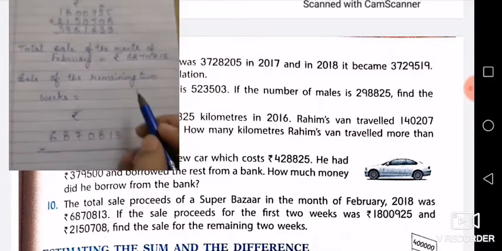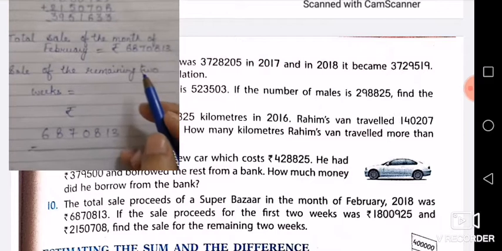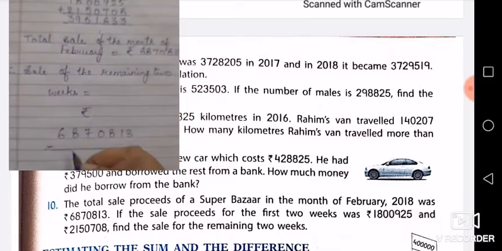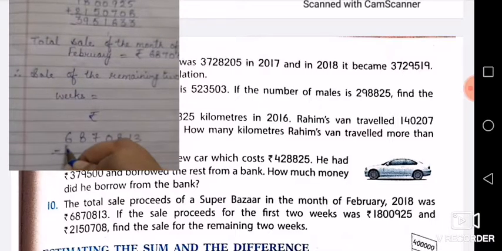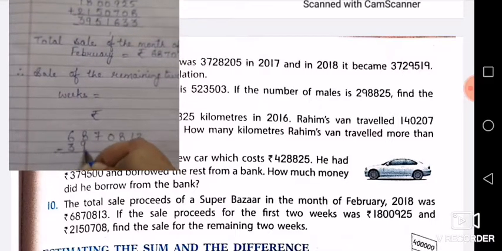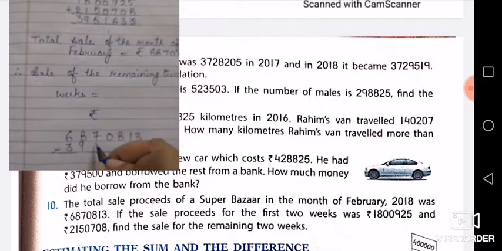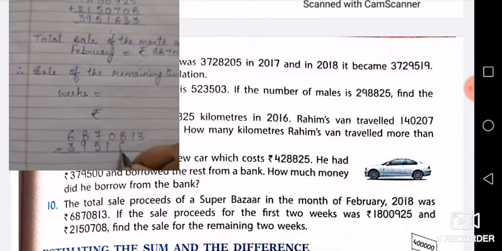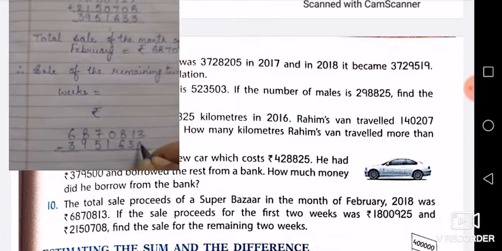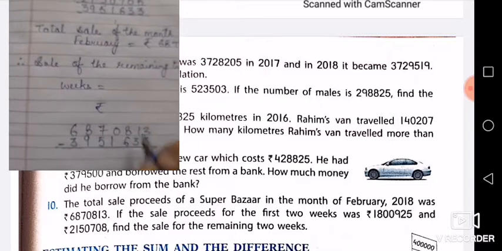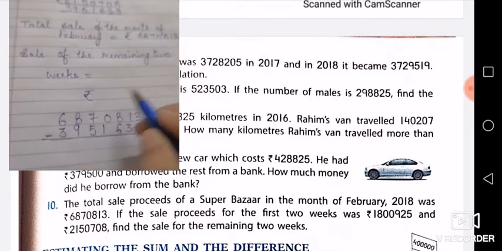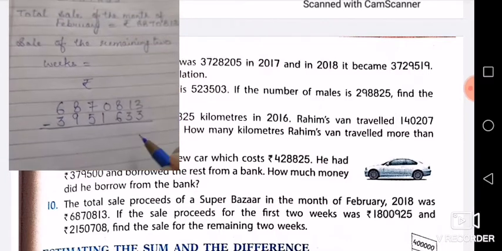Out of this 68,70,813 you are going to subtract this, that is 39 lakh 51,633. Do the subtraction and then you will get the answer, the sale of the remaining 2 weeks.